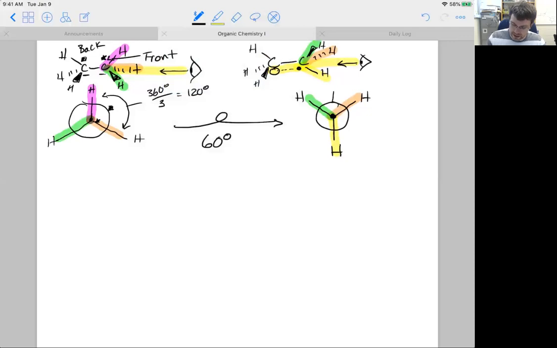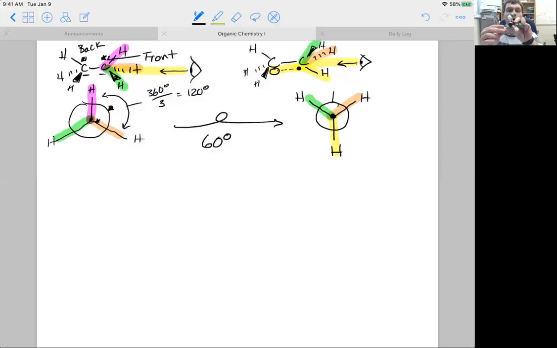Okay, so what is at the back carbon atom? Well, I'm going to go back to my model. I'm going to keep the green fixed, and I'm going to rotate these 60 degrees. And that's going to look like this.